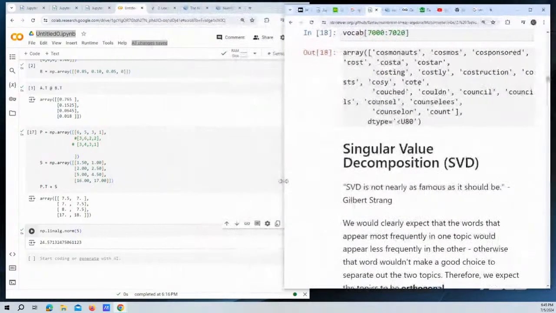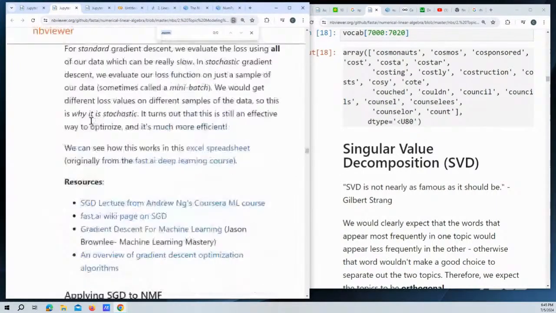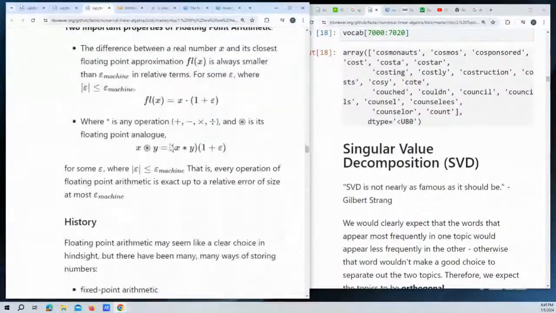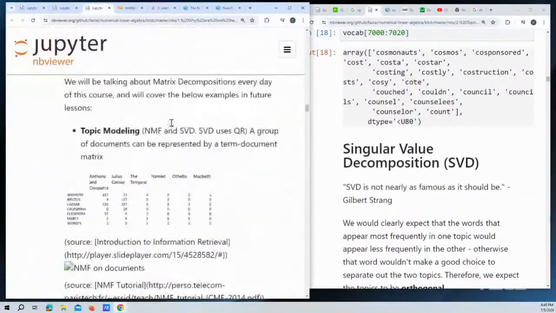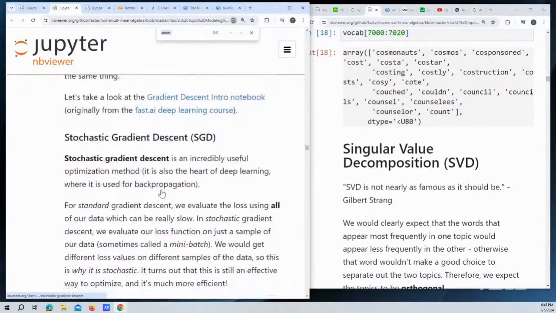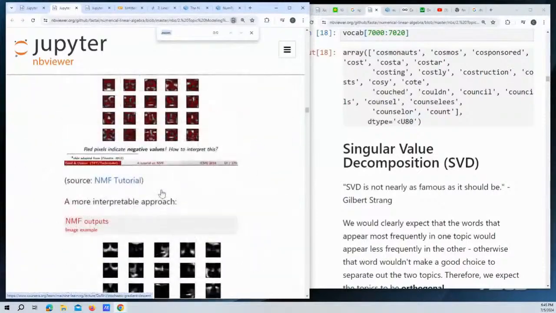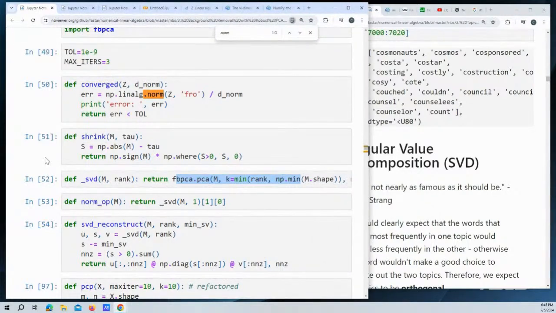So let's look up what I wanted to do. Not what I wanted to do. Okay. So let's look up Facebook PCA and just see what it does.